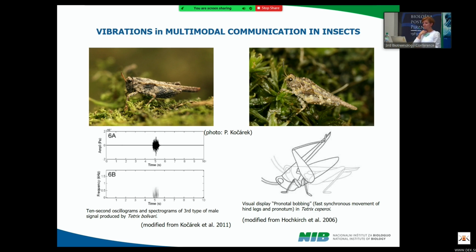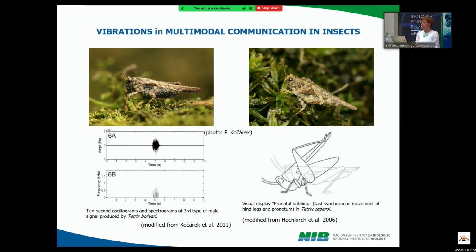Males of the genus Tetrix produce several types of vibrational signals, one of which is tremulation or body shaking. And these vibrations are accompanied by a really conspicuous visual signaling that is called pronotal bobbing. This is composed of high amplitude movement of the hind legs and the pronotum.